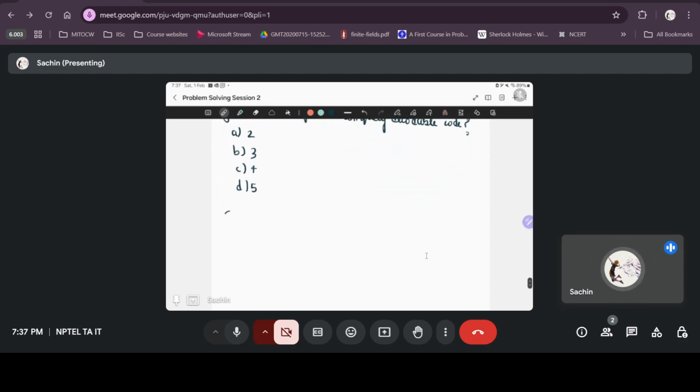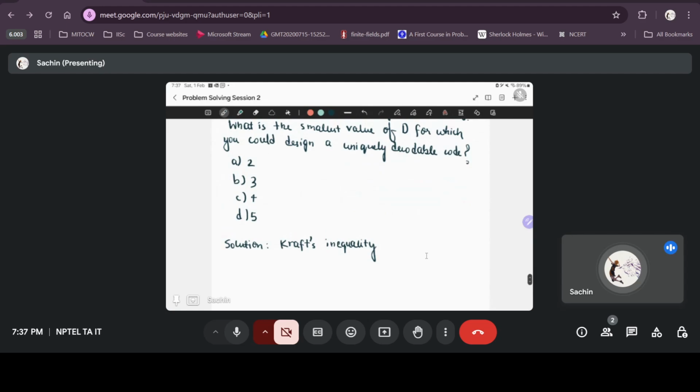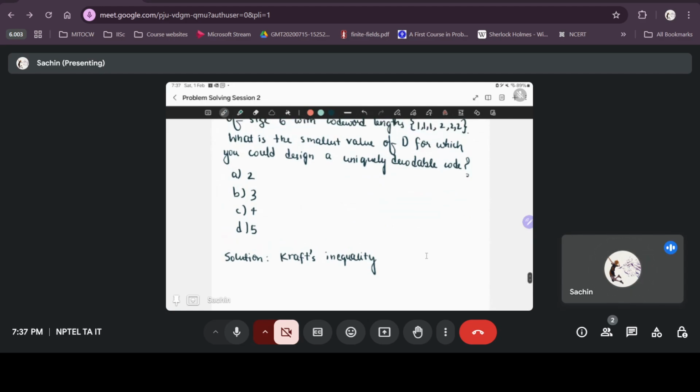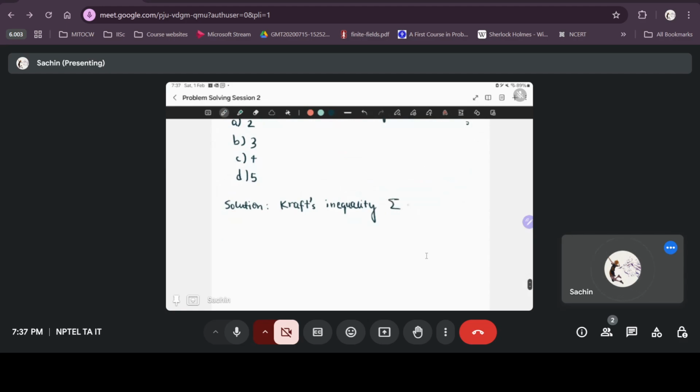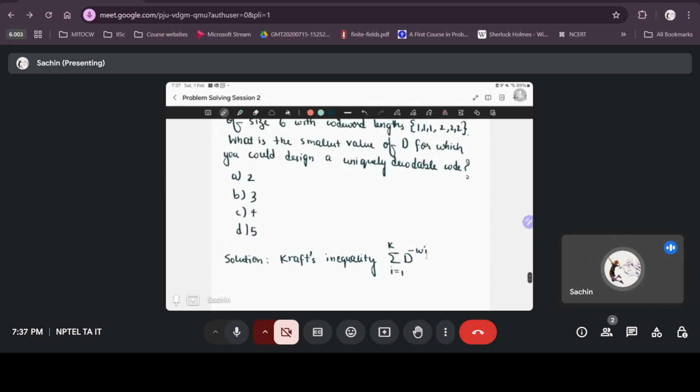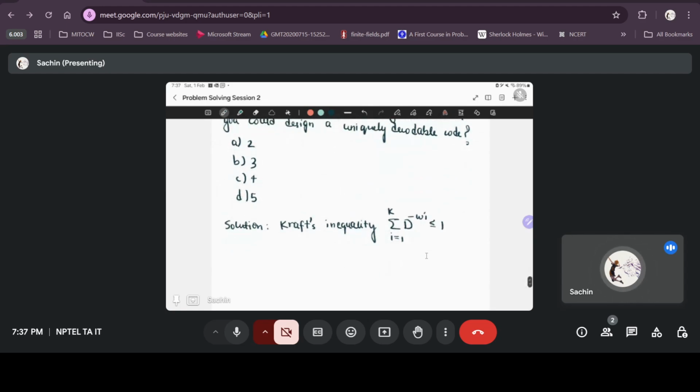There's no good method really to solve this other than trial and error. The main point you have to keep in mind is Kraft's inequality, which says that a prefix-free code, which is a uniquely decodable code, exists if the summation of D to the power minus w_i, where i ranges from 1 to K, where K is the number of messages, is less than or equal to 1.